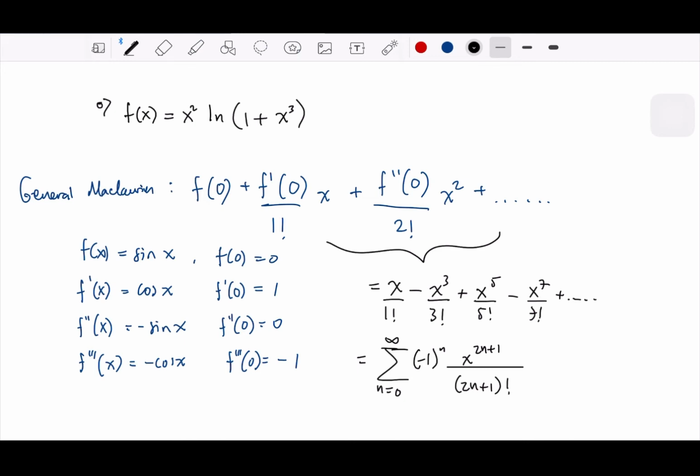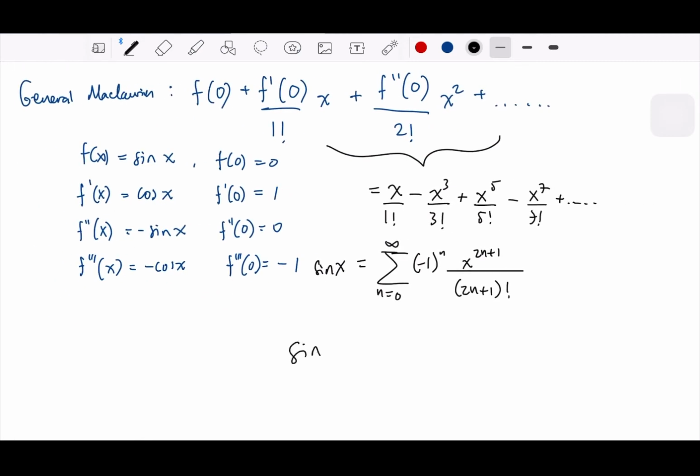Now if you know this sine, so this is sine x. Then sine of pi over 4 x is equal, we exchange the x with pi over 4 x.